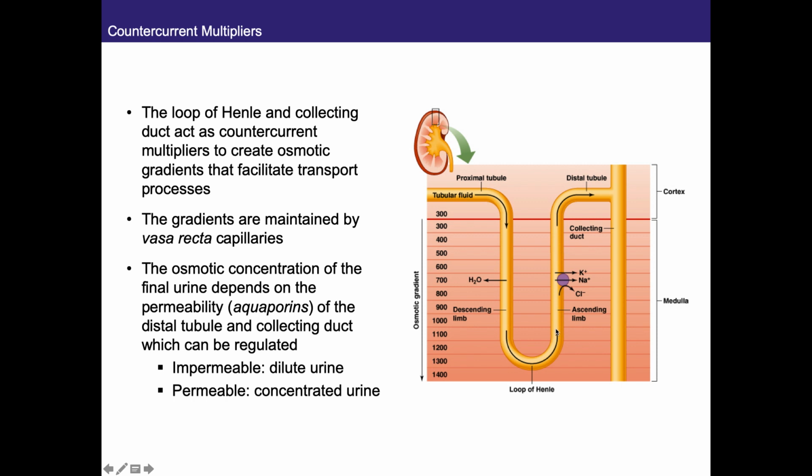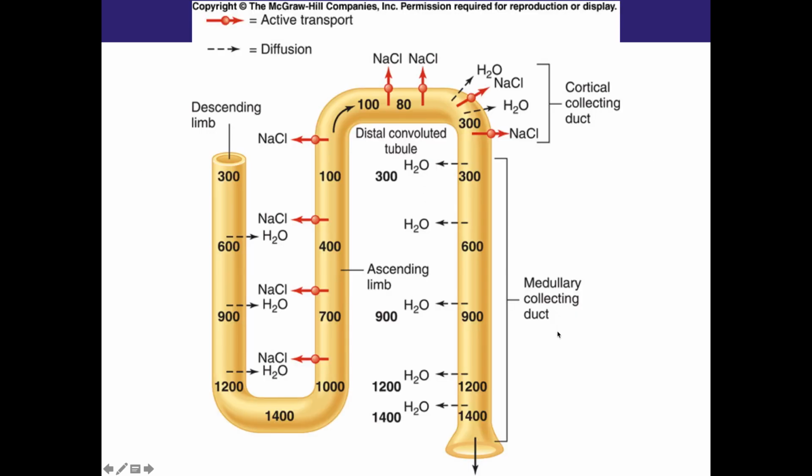Let's go back to this. You can actually see the active transport mechanisms pull more salt out in the beginning of the thick ascending limb. So there's way more salt in this area than there is here, and then there is here. Okay, so it's establishing that osmotic gradient because of the countercurrent.